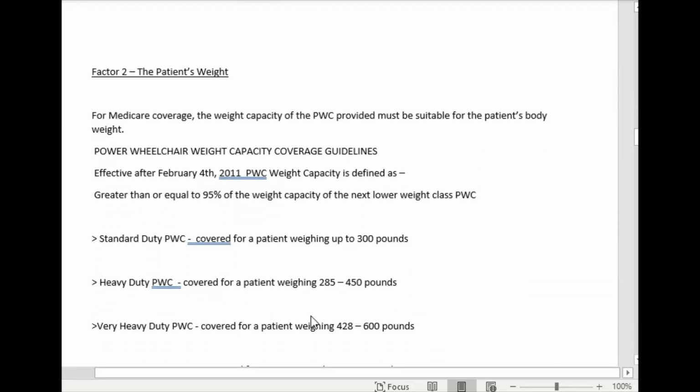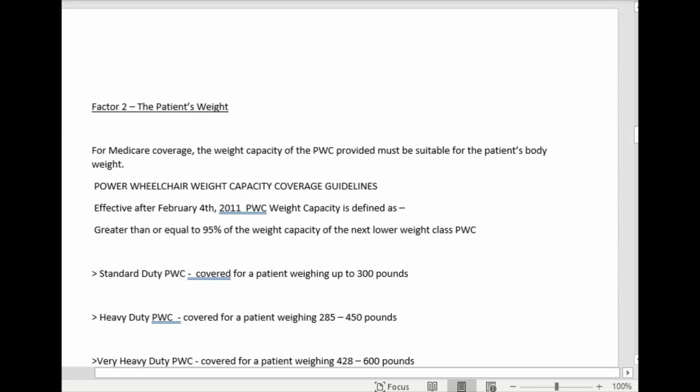The next condition we're going to look at is the patient's weight. For Medicare coverage, the weight capacity of a power wheelchair provided must be suitable for the patient's body weight. Power wheelchair weight capacity coverage guidelines, effective after February 4, 2011: power wheelchair weight capacity defined as greater than or equal to 95% of the weight capacity of the next lower weight class power wheelchair. What this means is as follows.